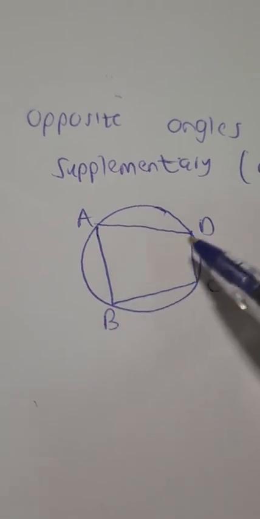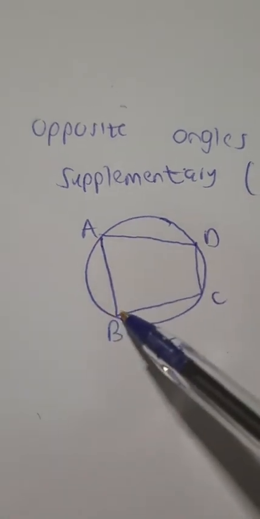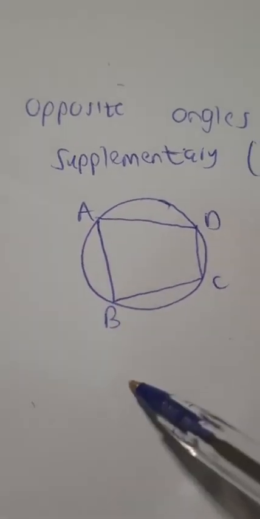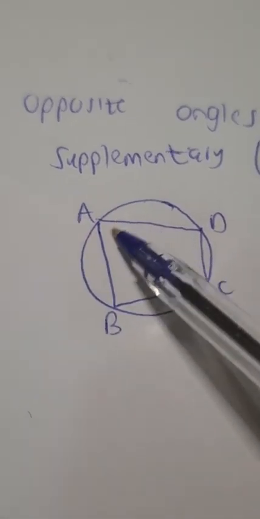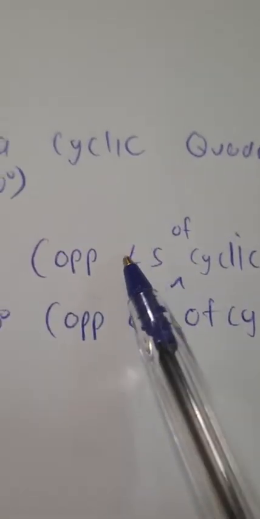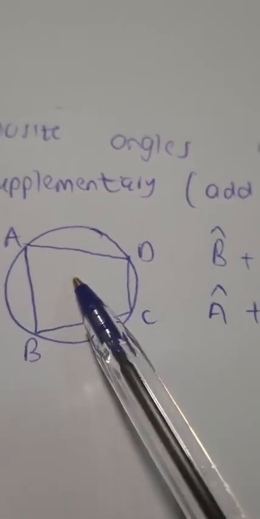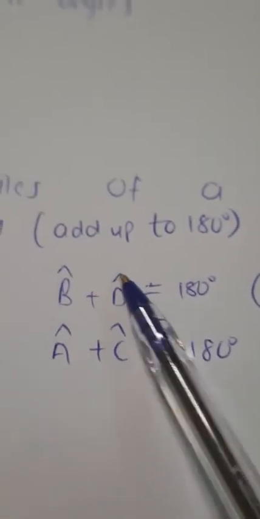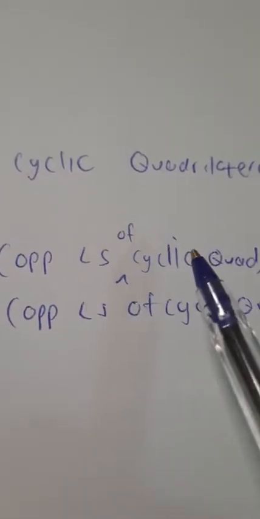The opposite angles showcase a supplementary relationship. Angle B and D are 180 degrees. Angle A and C add up to 180 degrees. And the acceptable reason that we use every time we use this particular theorem to sum the opposite angles to 180 degrees is op angles of cyclic quad.